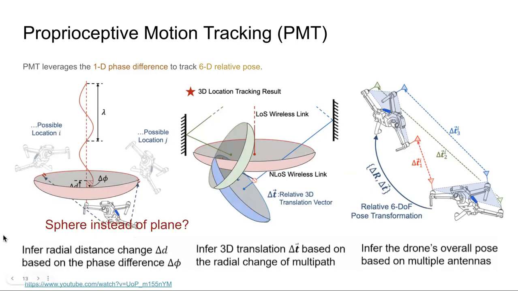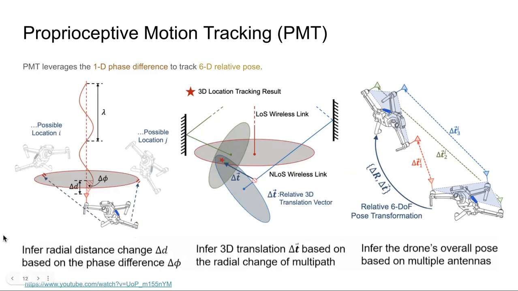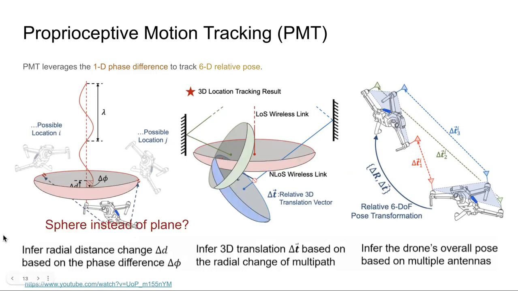So I'm thinking, why is that a plane? Why not a sphere instead of a plane? In 3D, given the phase difference, we know the distance between the drone and the access point is this long, right? So let's say this is the center of the ball.